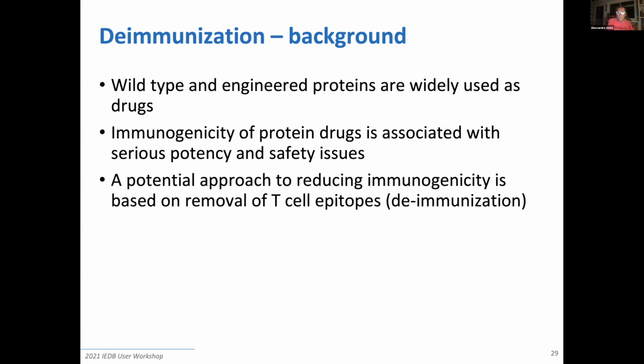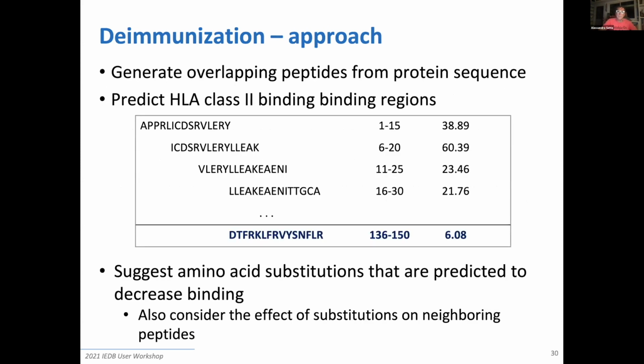And oftentimes, some individuals develop an antibody and immunogenicity reaction against the drug. If it's an antibody response, it must be mediated by a CD4 T-cell response. And so there is interest to identify these potential problems and perhaps remove or decrease the likelihood of this unwanted immunogenicity by identifying peptides that bind well and introducing substitutions to decrease the binding affinity.